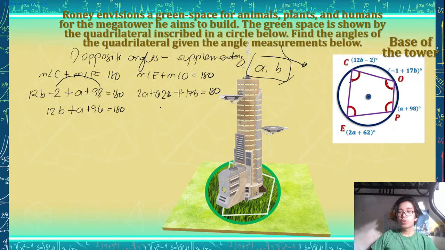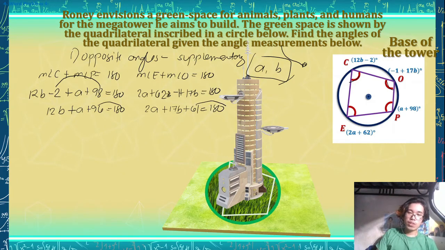If we simplify the second equation of our problem, this is going to give us 2A plus 17b, and then 62 plus negative 1 gives us positive 61, is equal to 180. Then we can transfer 96 to the other side and 61 to the other side.